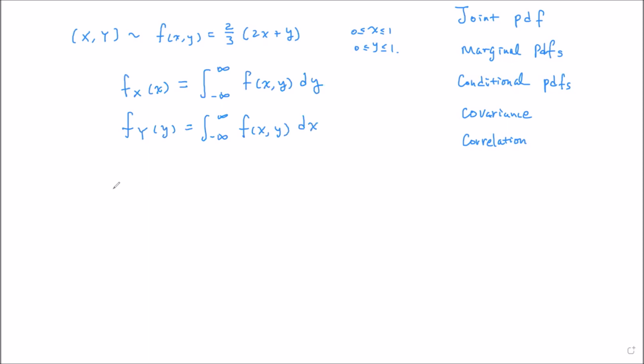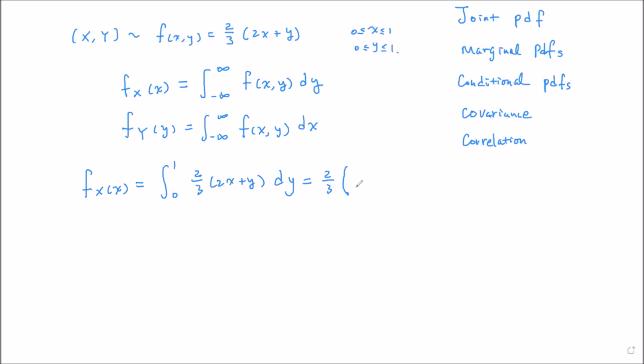Now, let's work with this example. For the marginal, once you plug in 2/3 times 2x plus y, again, you need to change the lower limit to 0 and upper limit to 1 and integrate with respect to y.